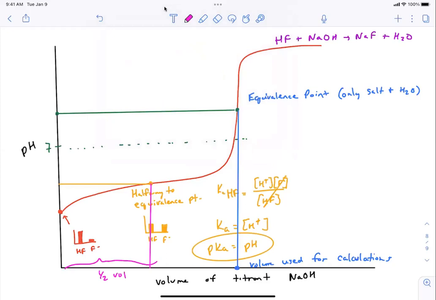And also, I guess if you really wanted to say it, you could also say pKb is equal to pOH at this point right here. Yes, all that. Like both these things I circled are both true.